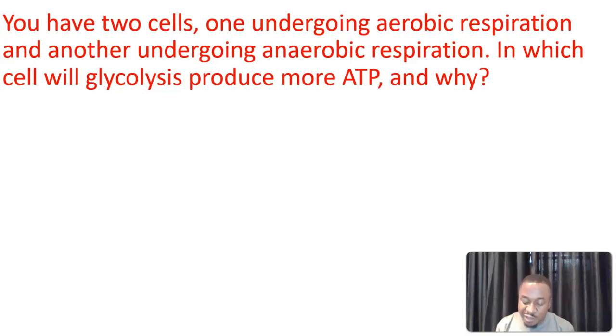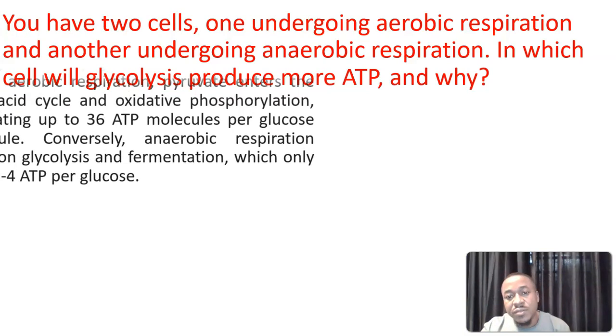That conversion will regenerate NAD plus, which is necessary for glycolysis to keep running. So that is the branch point where the cell needs to regenerate NAD plus for continual glycolysis.